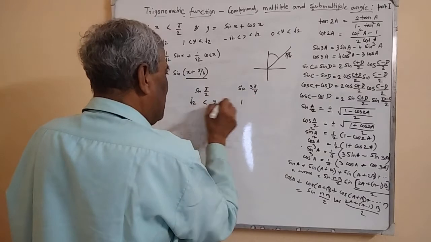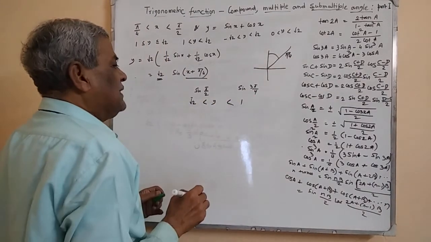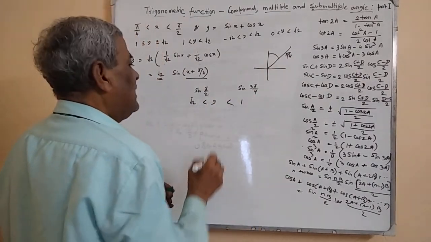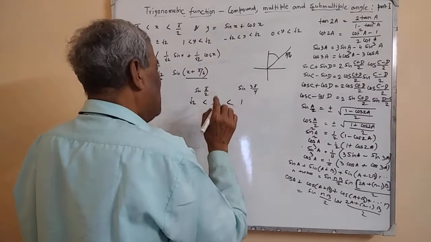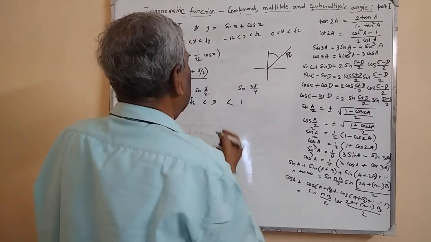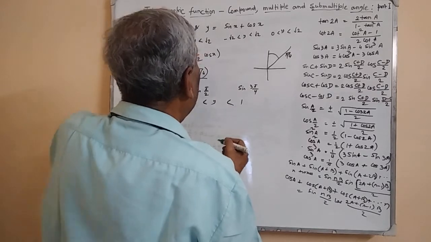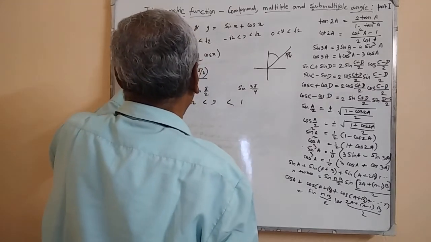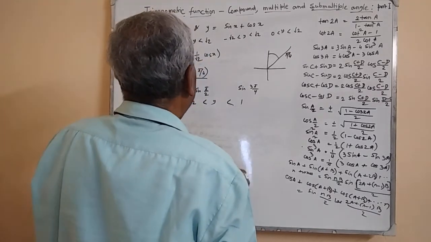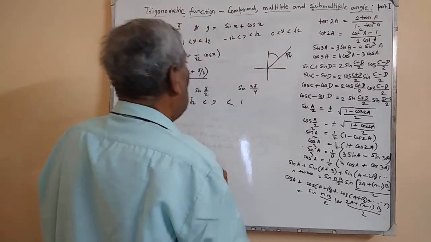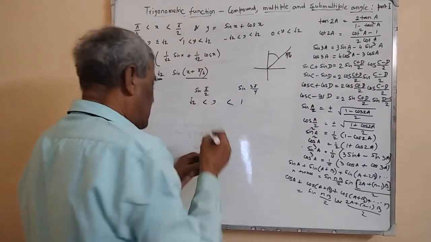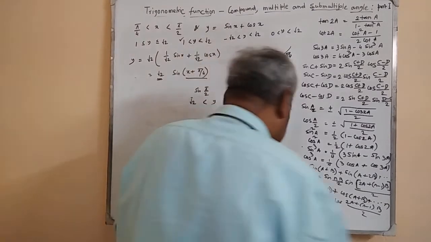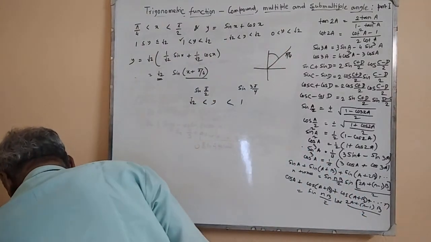So y lies between this and that. But y is greater than that and less than, so it lies between 1 and root 2. That is this one, not equal. This is the same limit, but they are not equal. So the correct option is this. Okay. Thank you.